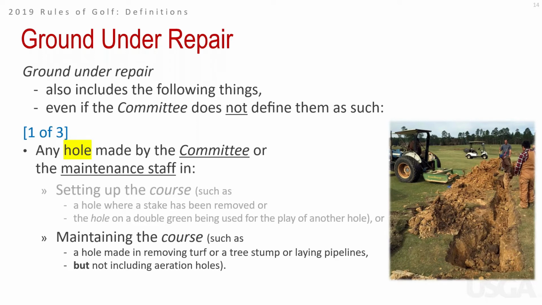But if this area were to go unmarked, it would meet the definition of ground under repair. So in part of maintaining the course, a hole, removing turf or a tree stump, or laying pipelines meets that definition of ground under repair. However, this doesn't include aeration holes. Those aeration holes, if your ball rests in one, do not meet ground under repair in this example.